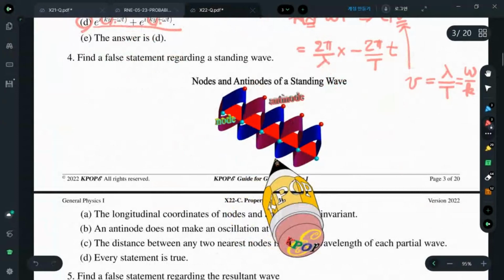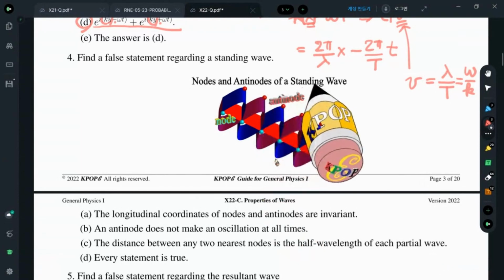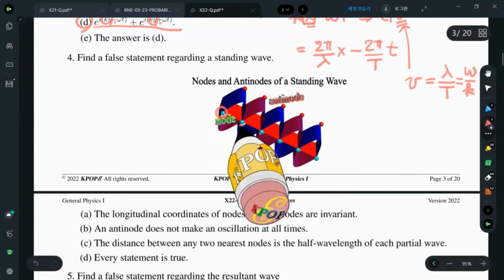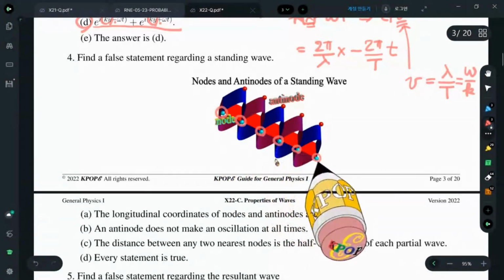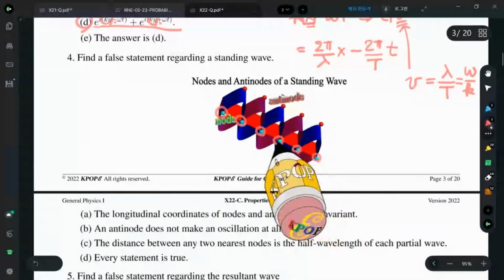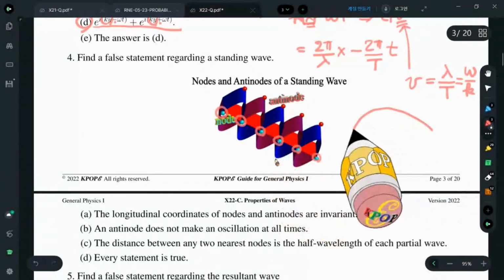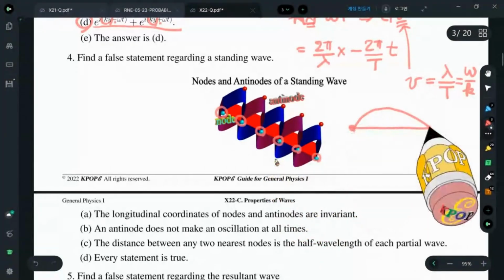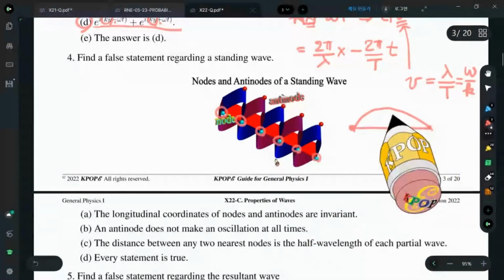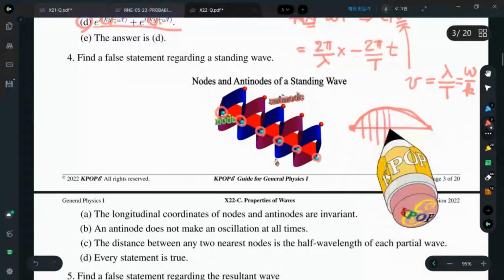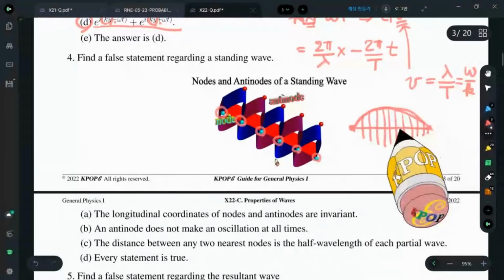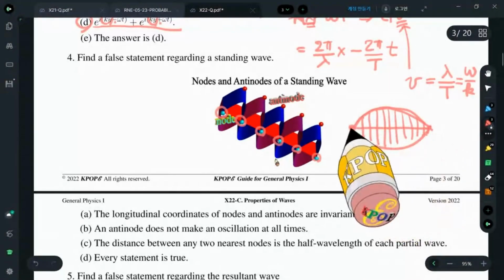Number 4. Find the false statement regarding a standing wave. This is a standing wave. We call these points nodes. They do not oscillate at all. They are all fixed, just like what we find when we look at a vibrating string in the fundamental mode. Every part oscillates, but their amplitudes are different.